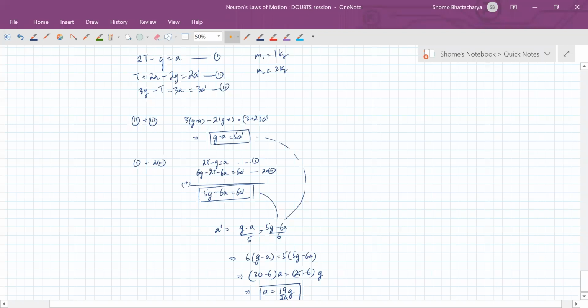Oh, yes, yes. Wait, there's a slight modification here. So this side is coming 6g minus g. So that's 5g minus 6a. And this side will come a plus 6a prime. Okay.